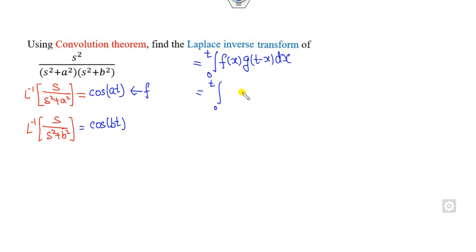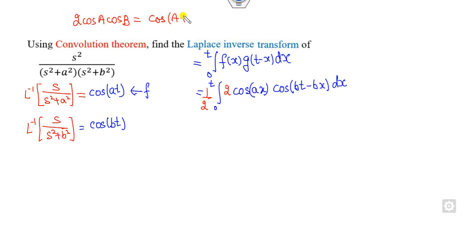So it is the integral from 0 to t of cos of ax and cos of bt minus bx. How can you solve them? I can multiply by 2 and divide by 2. So what is the formula for that? 2 cos a cos b. Yes, does anybody remember? It is cos of a plus b plus cos of a minus b.